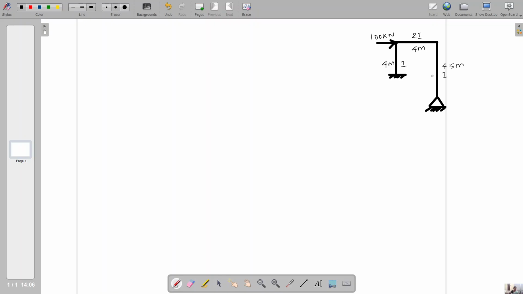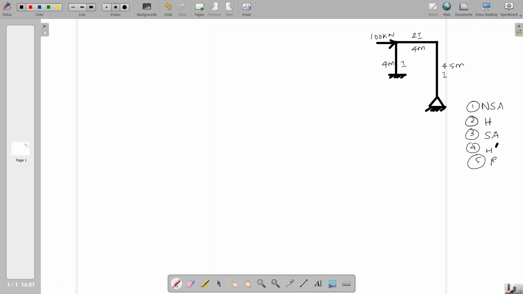For the column, it is I. So before going to the problem, we recollect the overall steps. First one, non-sway analysis, and its horizontal reaction H. Third one, sway analysis, and H dash.